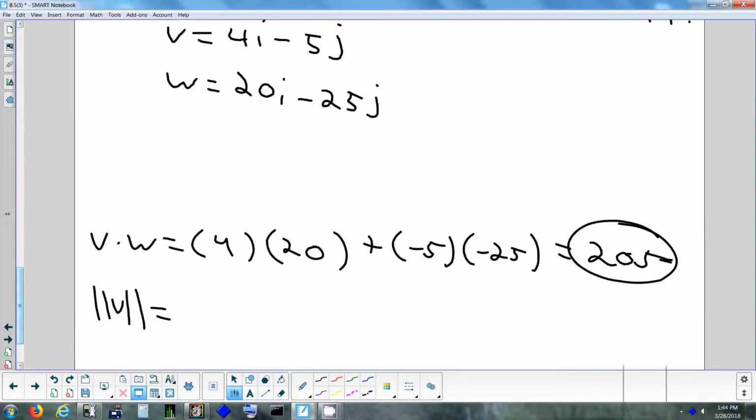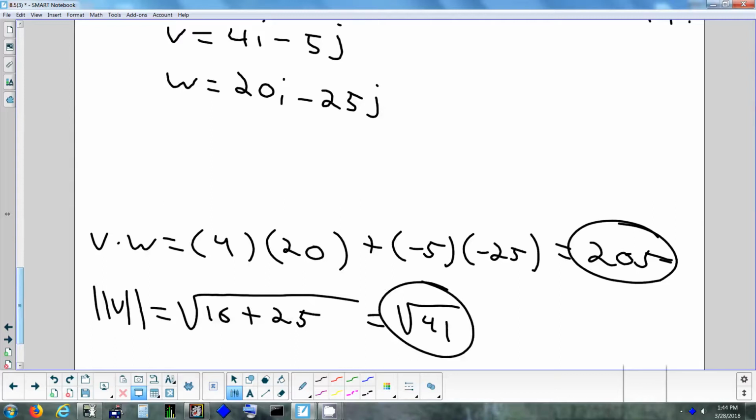Sam, how would I find the magnitude of V? You take the square root of 4 squared plus 5 squared. So that's 16 plus 25, square root of 41.